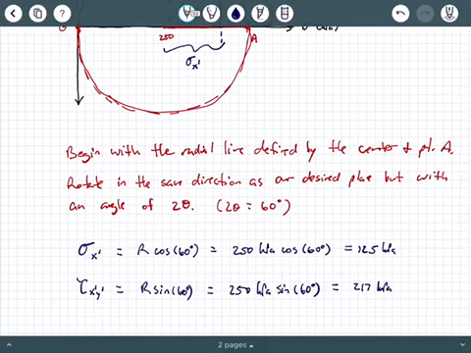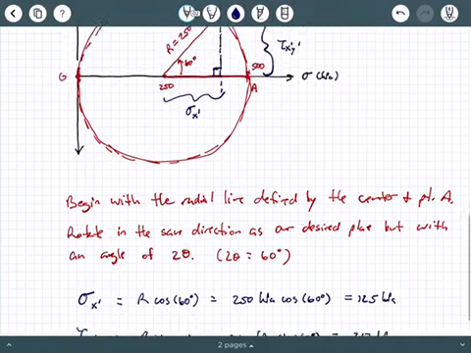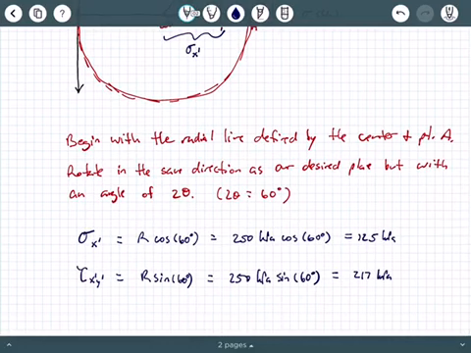Then tau x prime y prime is the radial value times the sine of 60 degrees. So that's 250 kPa times the sine of 60 degrees. When I punch that through, I get about 217 kPa, and those are your answers.